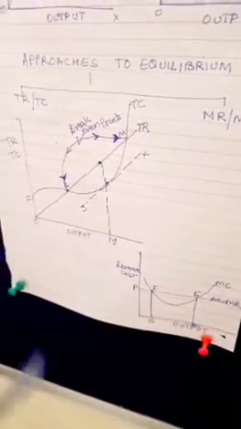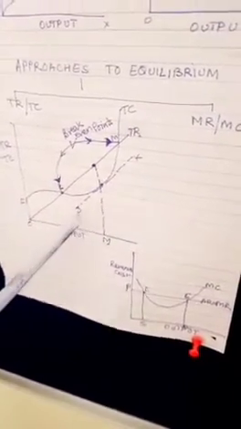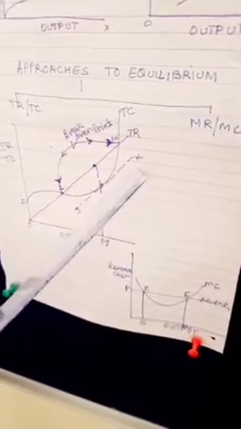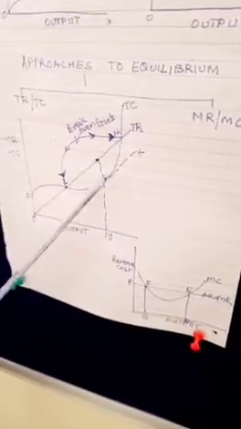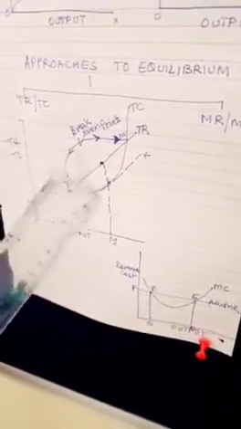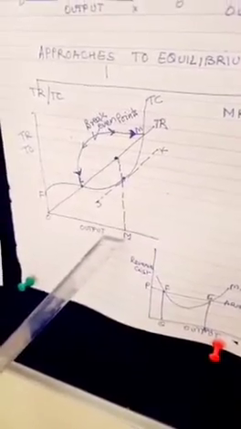To derive this maximum distance, we draw a parallel line JK, where it touches this TC curve. There the optimum output is derived, which is OM.